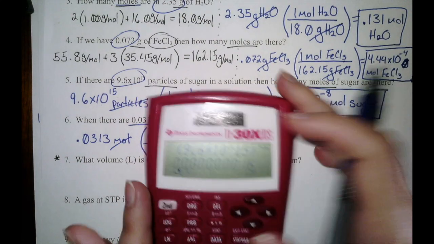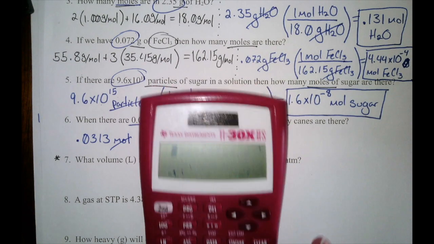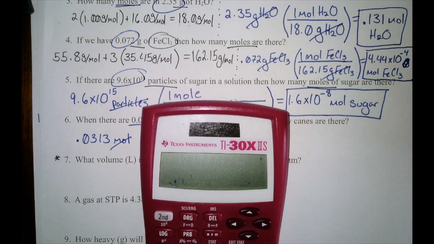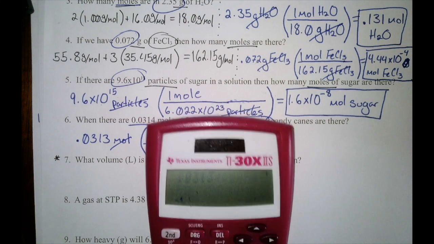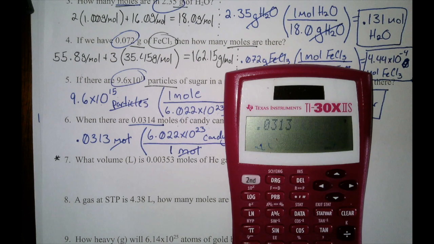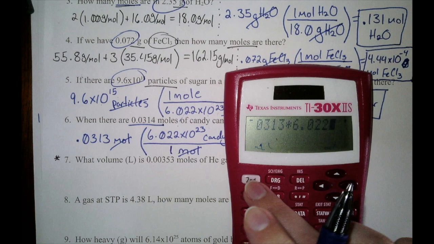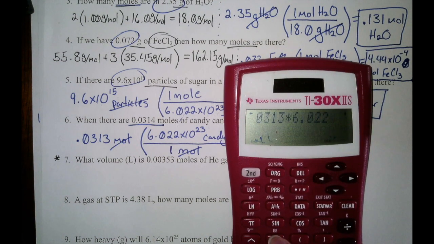So this time, when I do the calculation, I'm going to show you how I would do this using the E button. So in this case, I would do 0.0314 times 6.022, then this right here is the E button, and then I just type in the exponent, which is 23.